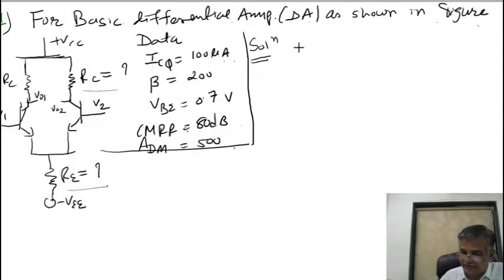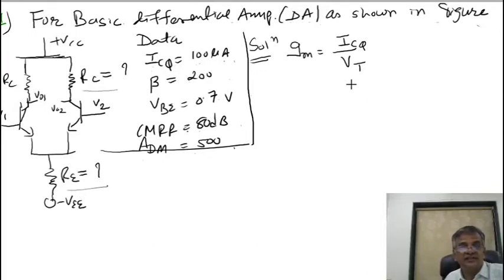Now look here. You know that transconductance is given by current upon voltage. This current is nothing but the quiescent current, and this voltage is nothing but the thermal voltage. Remember, you accept this equation. So which current do I have to consider?